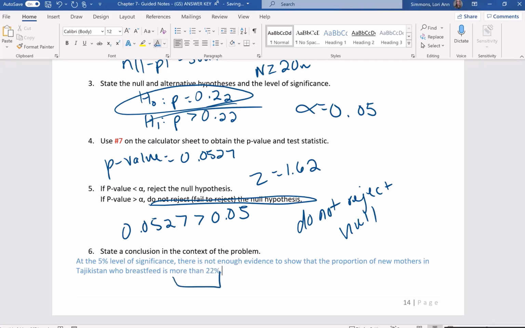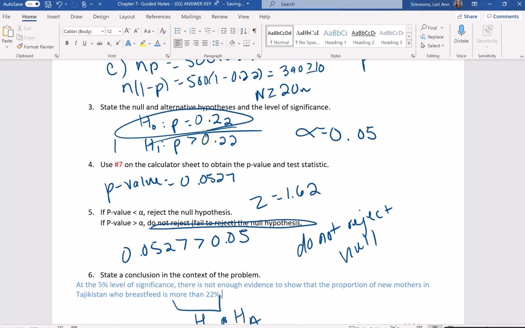Again, this comes from your alternative hypothesis, or HA, depending on what your homework is asking. So this could be HA, one of the two.